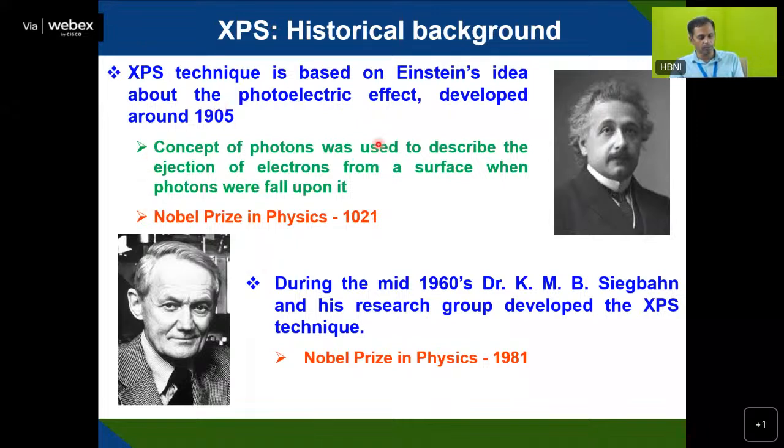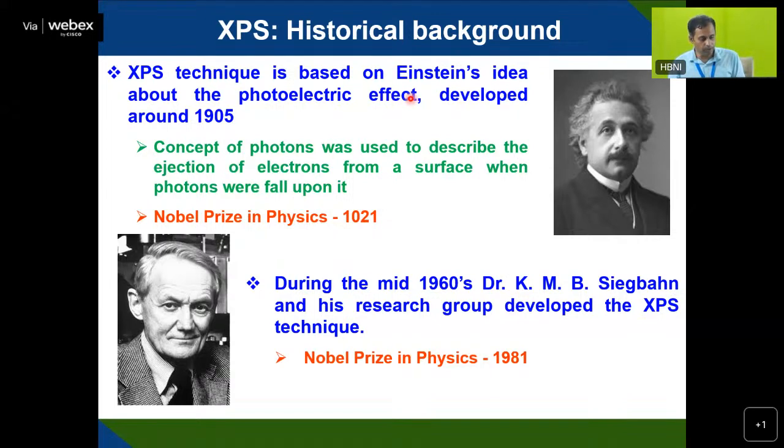The concept of photons was used to describe the ejection of electrons from a surface when photons fall upon it. If on a substrate X-ray photons are irradiated, some electrons come out. That electron we usually study in X-ray photoelectron spectroscopy.